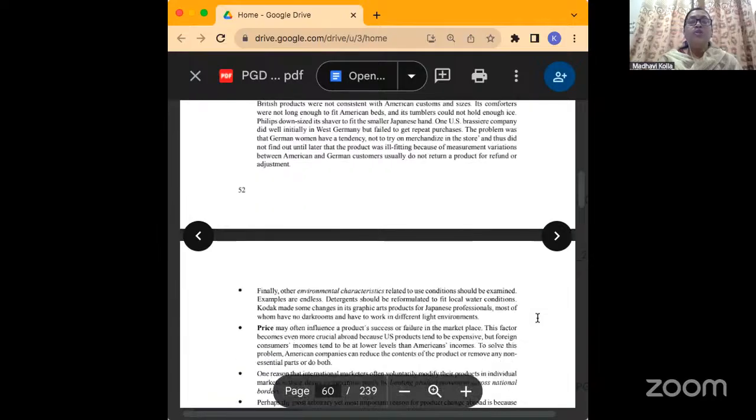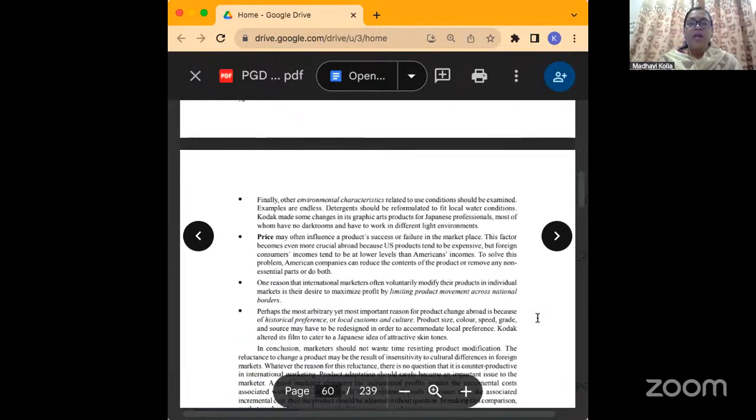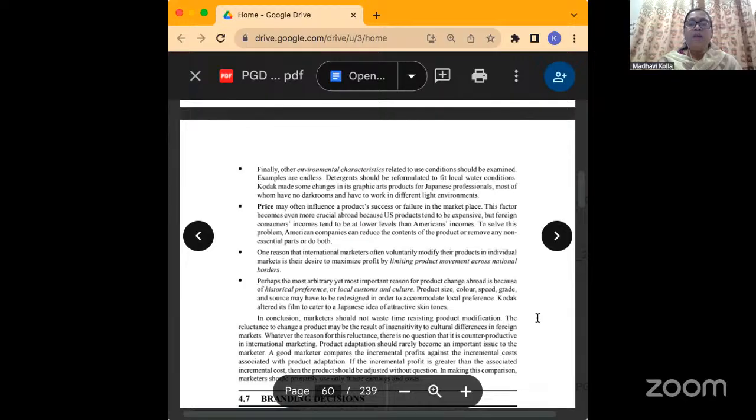Philips also, another example, reduced the size of the coffee maker so that it could fit into smaller spaces. And then there is also an environmental characteristic that we need to consider as an optional factor when we are introducing a product and adapting it to an international market. So, what are these environmental factors? Examples may be multiple, but one of them is detergents.